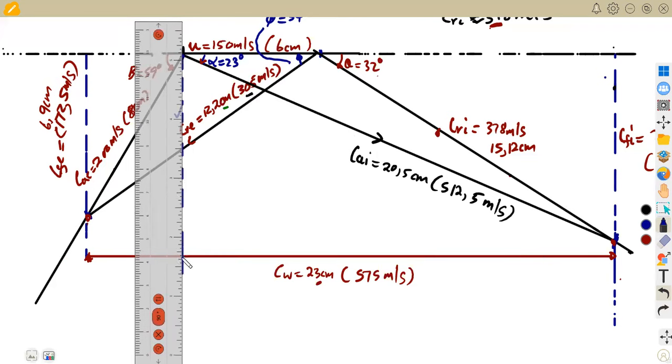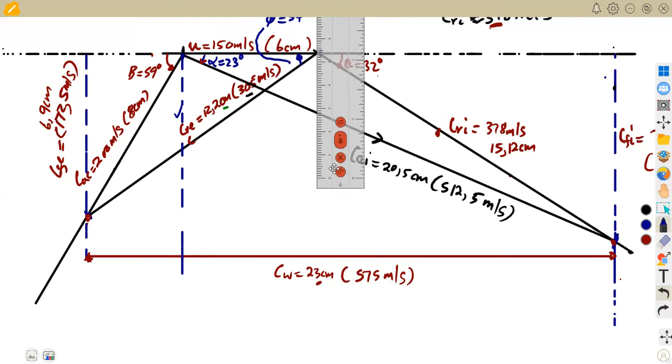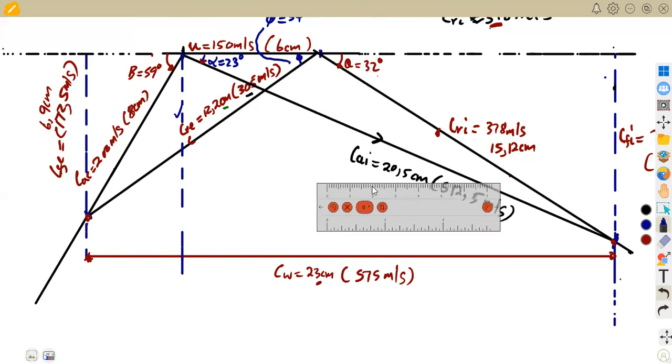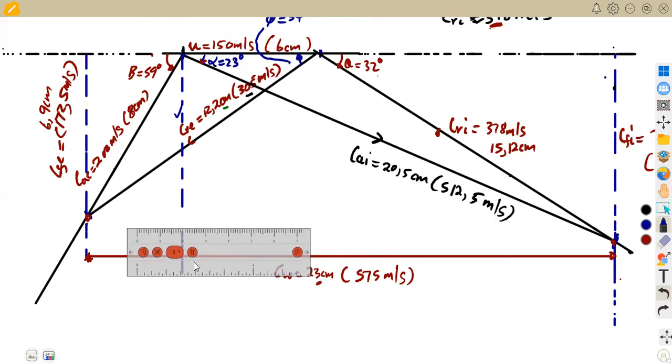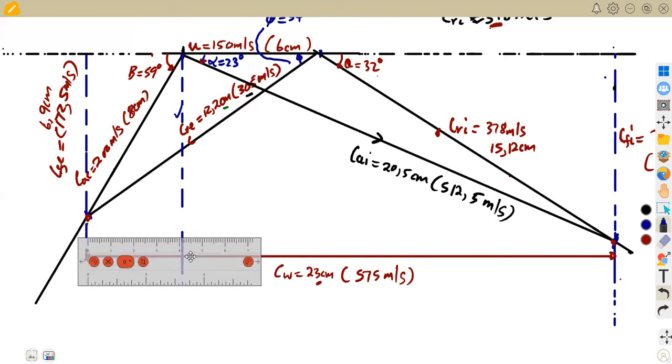So as it reaches our wheel velocity, we have a distance between these 2 points. Let me just remove this part so that I do not confuse you guys. So we have this velocity straight in between these points.